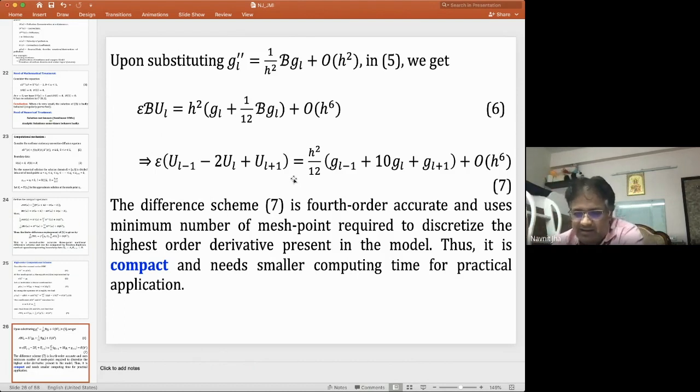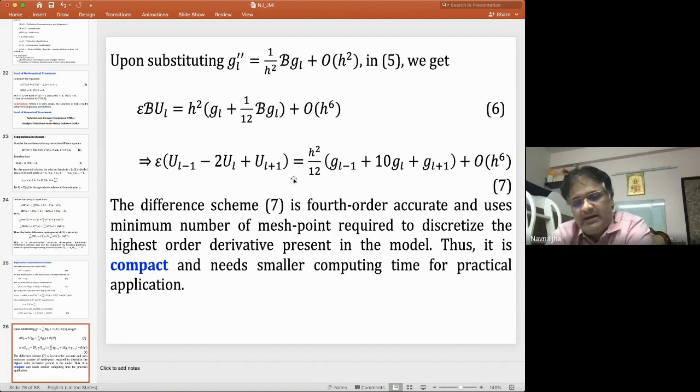One is the main diagonal, another is the subdiagonal, that is the diagonal below the main diagonal, and one diagonal above the main diagonal, that is the super diagonal. So only three diagonals, so that will be classified as a tridiagonal matrix. Moreover, it uses only 3 points, therefore boundary points can be easily incorporated, right? So we call it a compact scheme.